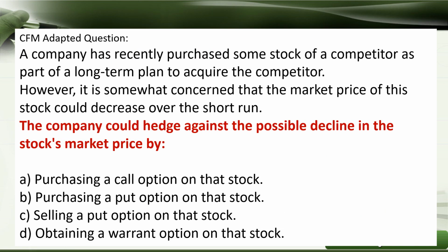Another example: a company has recently purchased some stock of a competitor as part of a long-term plan to acquire that competitor. So it wants to purchase some stock, but it is planning to acquire the entire company. However, it is somewhat concerned that the market price of this stock could decrease over the short term.